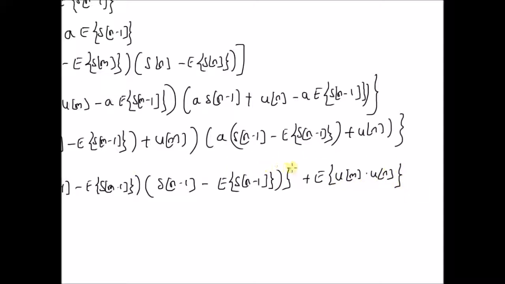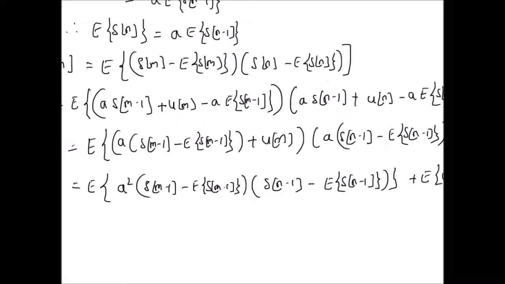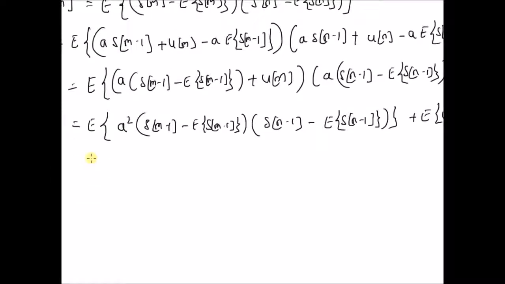And the rest of the cross terms can be ignored because the error term is assumed to be independent of the actual signal component. That is U of m is independent of S of m minus 1, and similarly U of n is also independent of S of n minus 1.